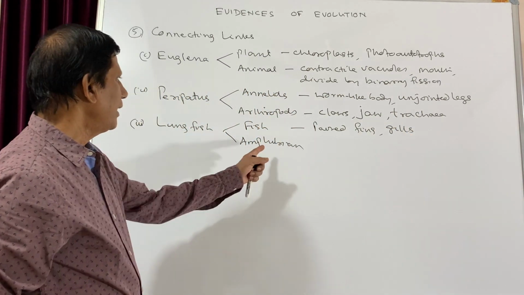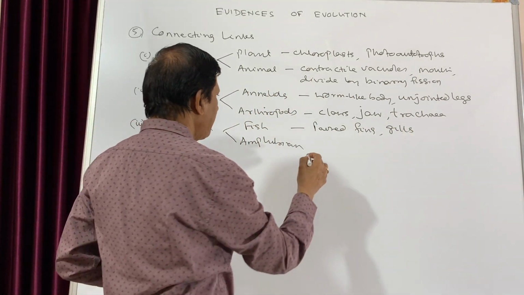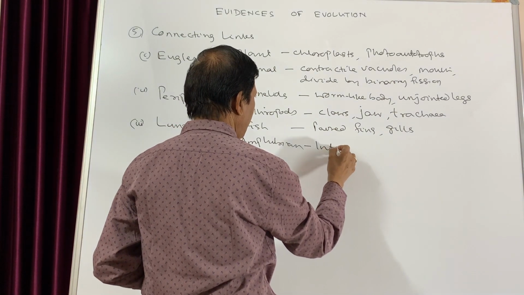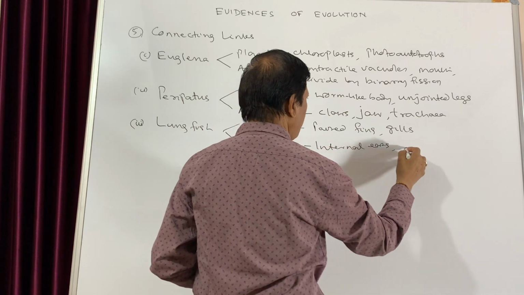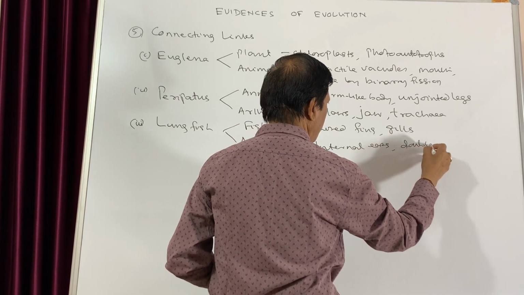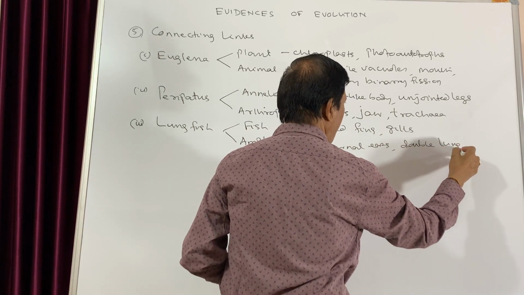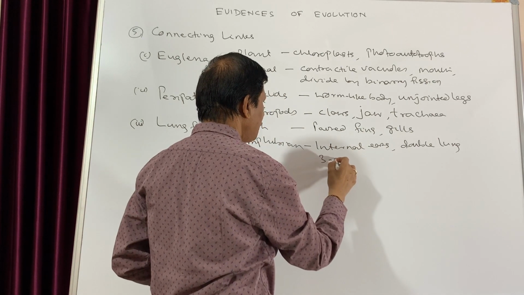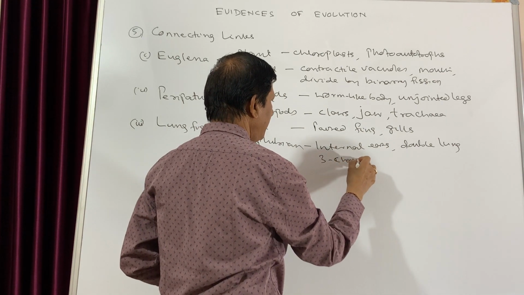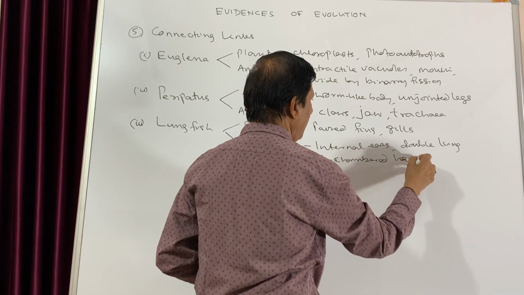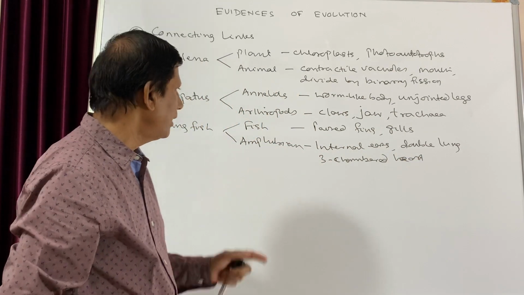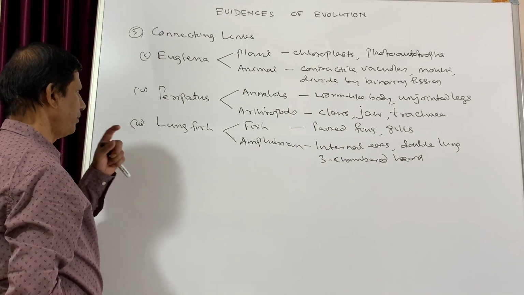While the amphibian characters are the presence of internal ears, then double lung, and another important one is a three-chambered heart. These are the amphibian characters of lungfish.